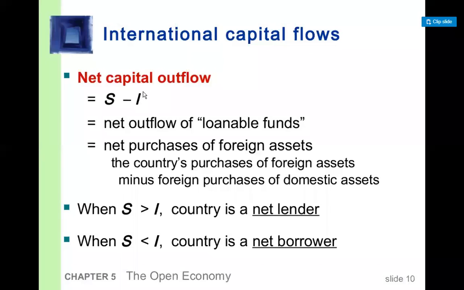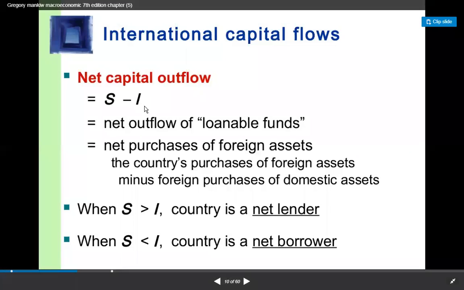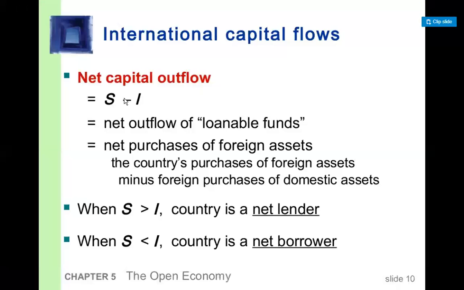So as the local interest rate is greater than the global interest rate, foreign investors will invest in Pakistan. That is the demand for loanable funds.